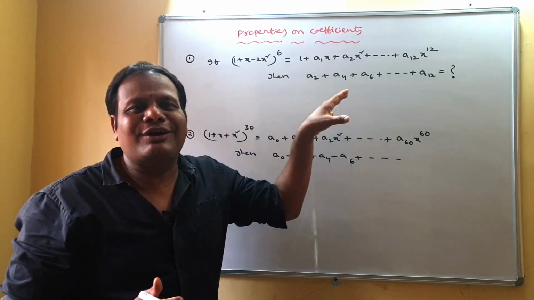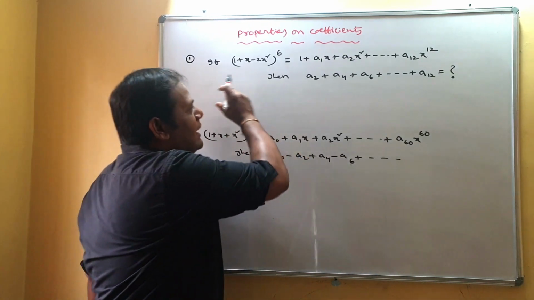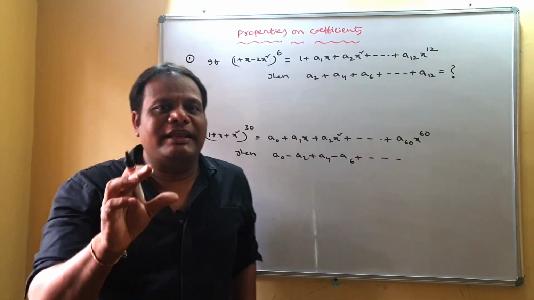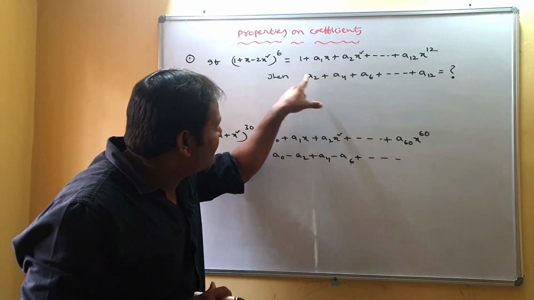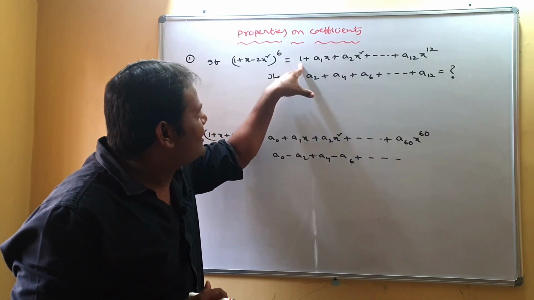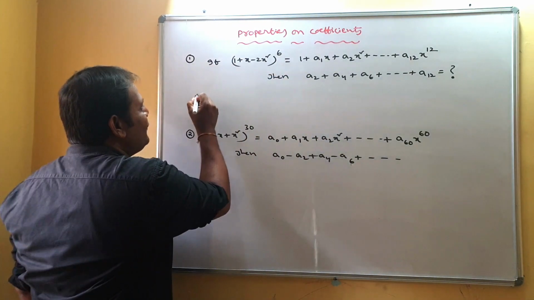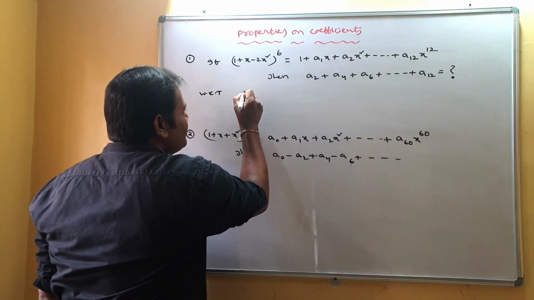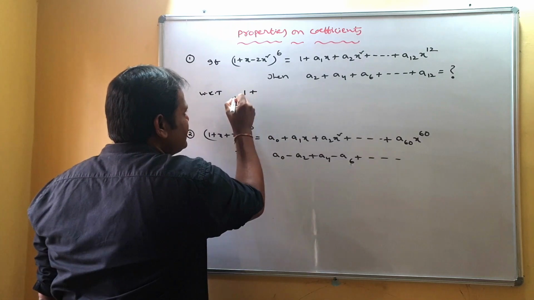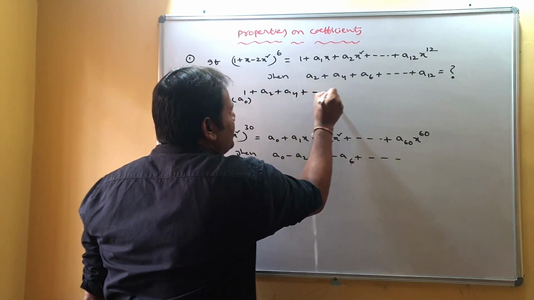So that is also under even power of x only. So the actual formula is a0 plus a2 plus a4 plus so on. Here you observe that a0 is missing. What is a0? Constant. What is it? 1, is it? So we know that a0 is 1, right? 1 plus a2 plus a4 plus so on. That is a0, you don't confuse.